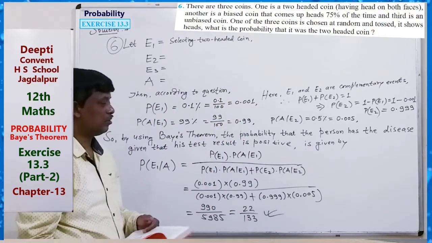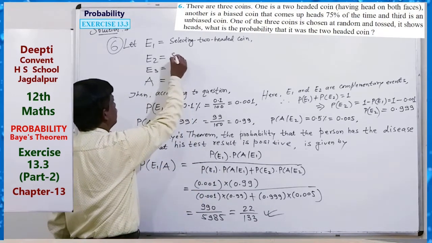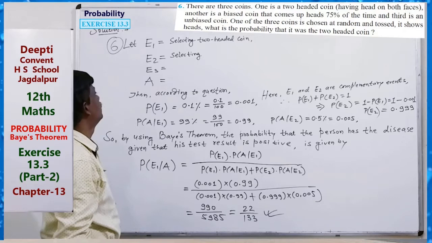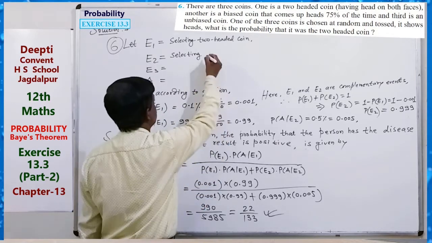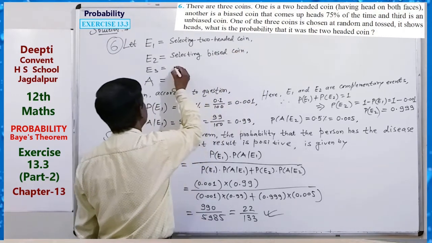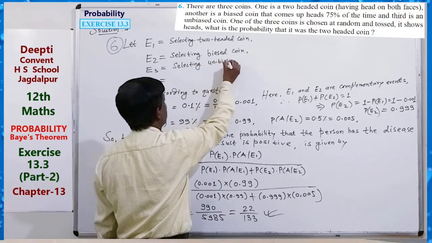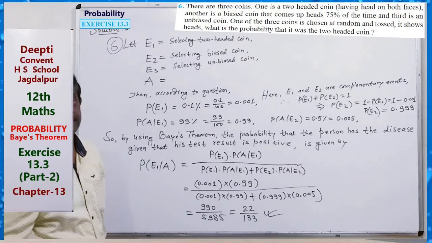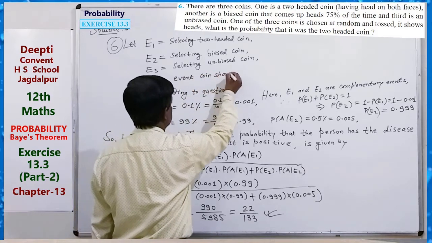Two-headed coin. E2 is selecting the biased coin, and E3 is selecting the unbiased coin, and A is the event that the coin shows head.